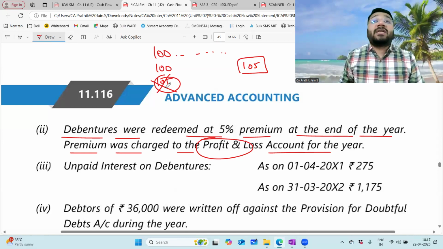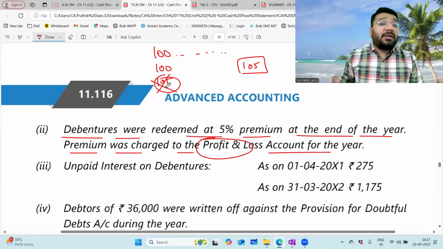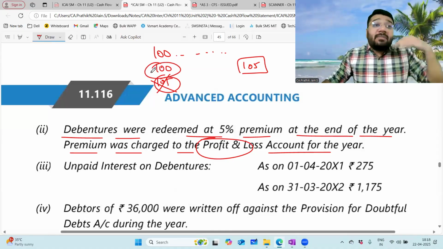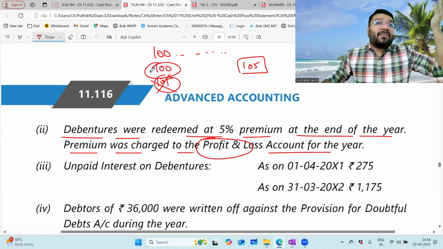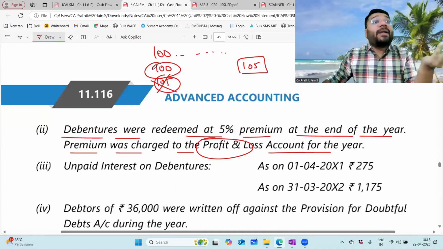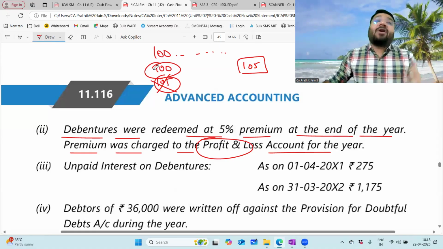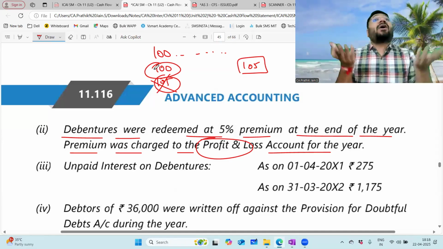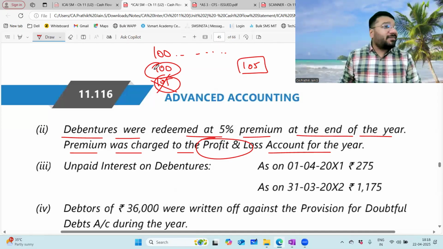The prudence concept says to record your anticipated losses. At the time of issuing the debentures, I had no idea of redeeming at premium, so I did not record the loss then, because I had no intention to pay 105. But today I decided I'll redeem at 105, so today only I got to know there's a loss. So when should I record the loss? In the current year.